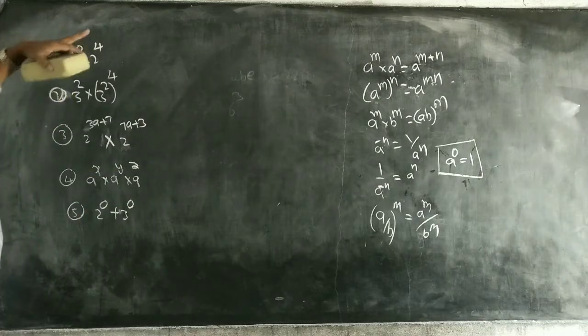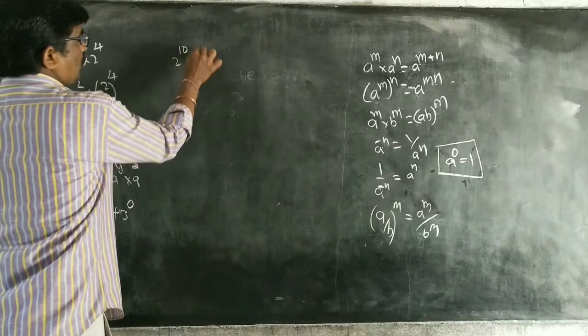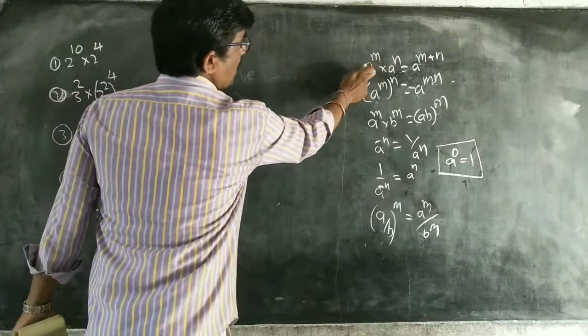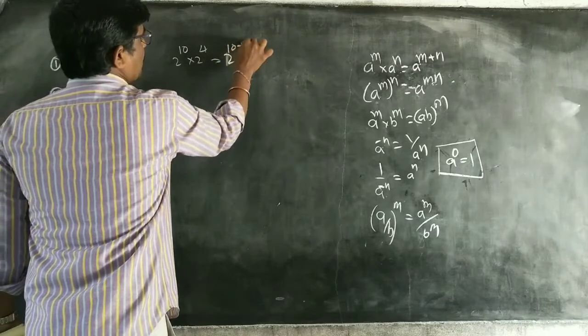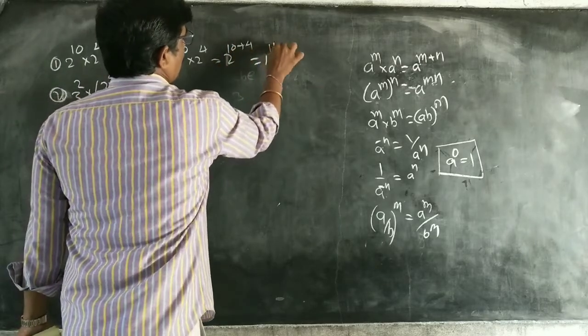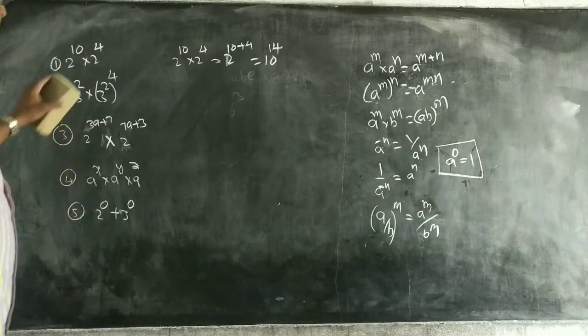So 2^10 times 2^4, how do we simplify? Applying this principle, that is equal to 2^(10+4), which is 2^14. Simple concept, right?